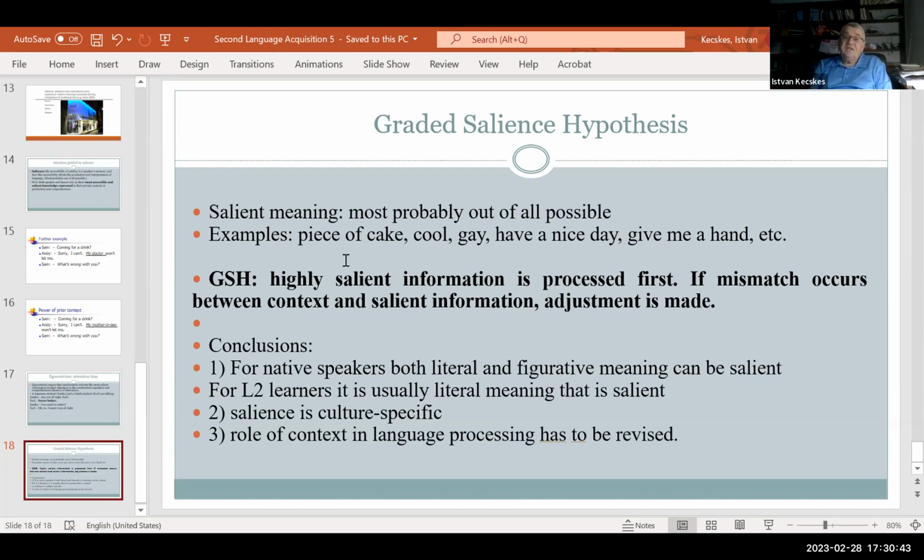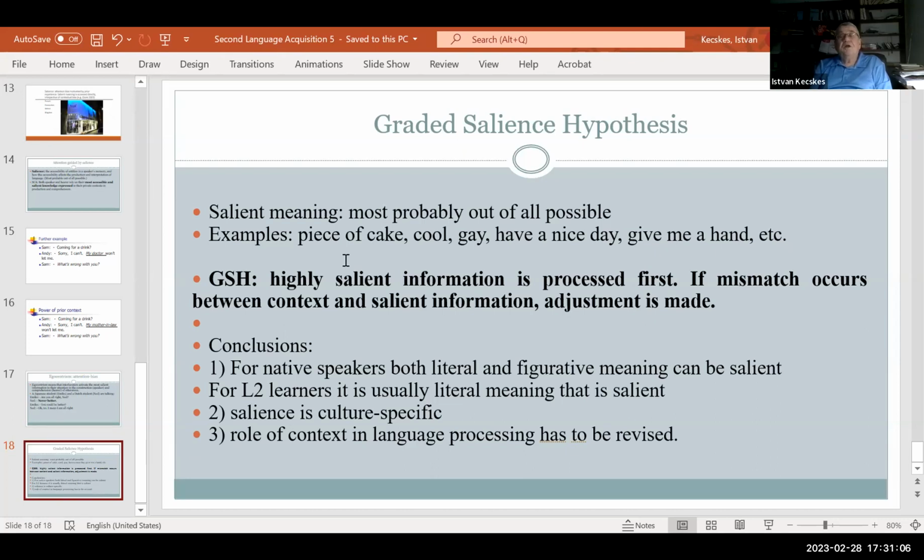The graded salience hypothesis that Giora talked about basically says that this highly salient information is processed first, no matter what. And if a mismatch occurs between context and salient information, an adjustment is made.